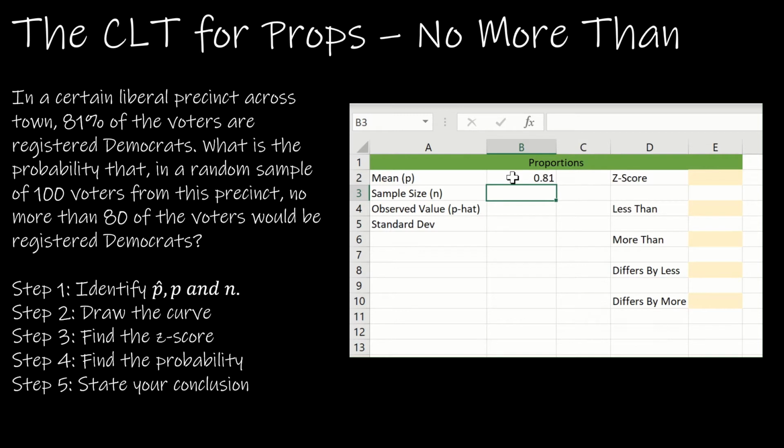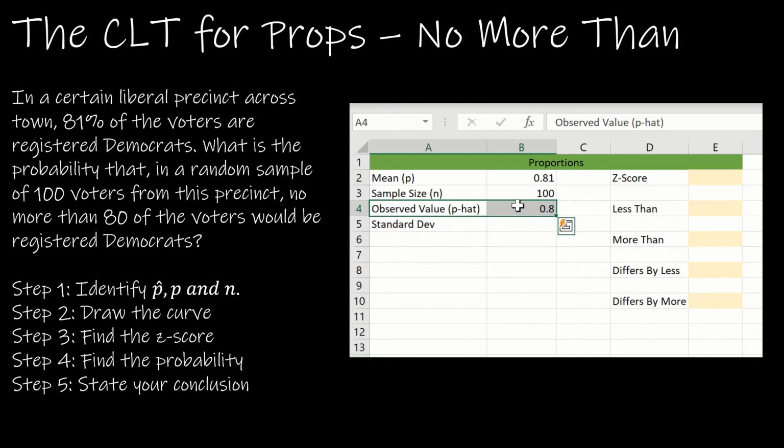The sample size in this case is 100 because there are 100 voters from the precinct. The observed value, I can either calculate that myself, or I could set up cells to enter X and N, and you can certainly do it that way. Or I could just put 80 divided by 100 and find 0.8. So again, that's something else you could do.